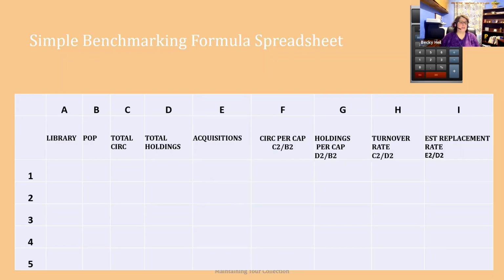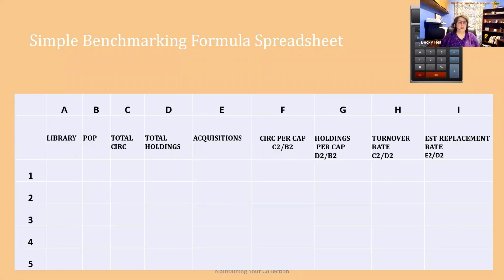In column A, you can put either your library or the year that you're looking at, or you could do a comparison of each of your collections. So line 1 might be mysteries, line 2 might be adult nonfiction, line 3 might be children's picture books. You're going to include the population for your community. You're going to include the total circulation for each of those specific collections or your library as a whole.